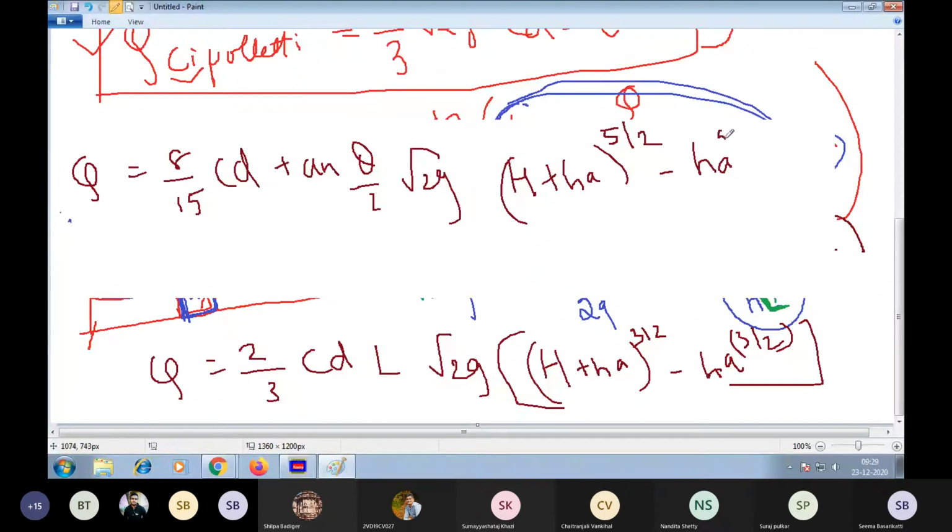Minus HA raised to 5 divided by 2. Is it 5 divided by 2 or 5 divided by 3? 5 divided by 2, ma'am. So this is how you consider the velocity of approach.